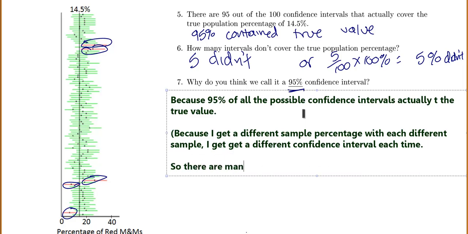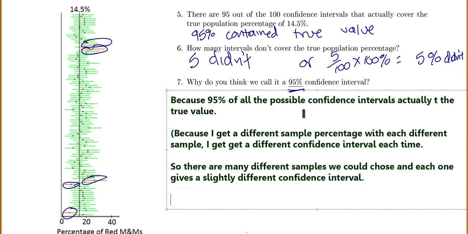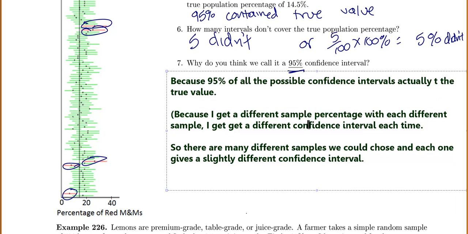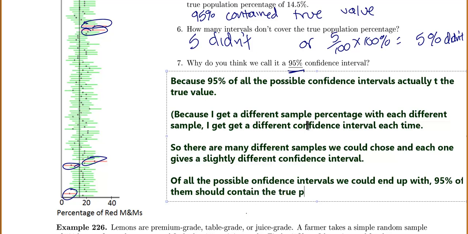So there are many different samples we could choose, and each one gives a slightly different confidence interval. So of all the possible confidence intervals we could end up with, 95% of them should contain the true population percentage.